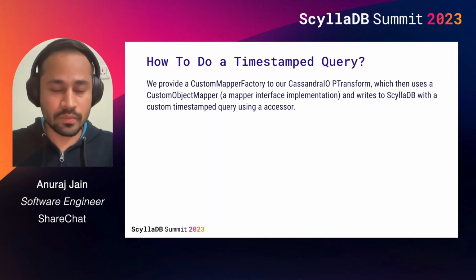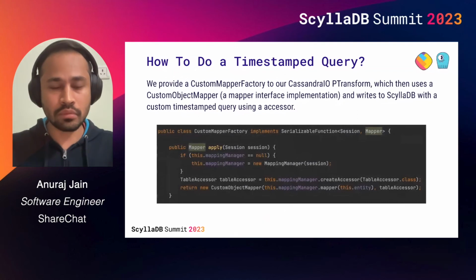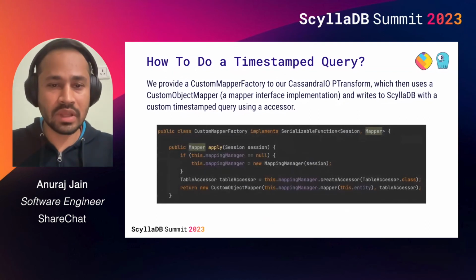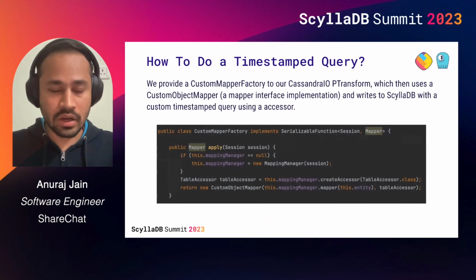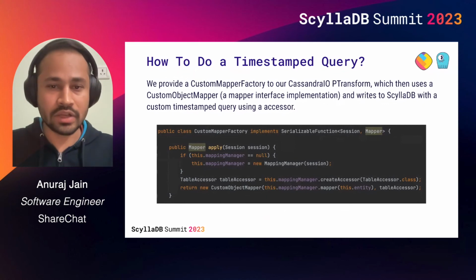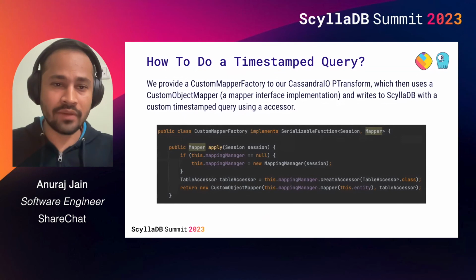Now, in the last section on live data migration, we explained that the export jobs have to write data to ScyllaDB with a timestamp lesser than the live traffic. So how do we make sure that the queries going through Cassandra IO, writing data to ScyllaDB from my export job, always use a timestamp lesser than the timestamp of the live traffic queries?